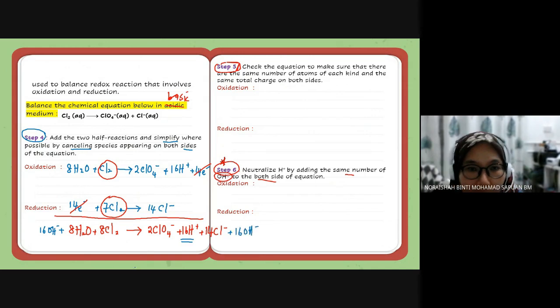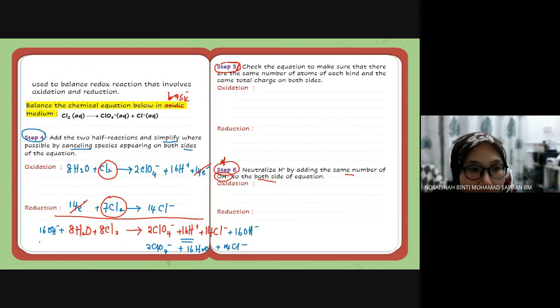Okay. So dekat sini bila you dapat macam ni, as you know, H plus plus OH minus will form water. Okay. Dia akan form water. H plus tambah dengan OH minus, dia akan form water. So kat sini you akan form 2ClO4 minus tambah dengan 16 air, form 14Cl minus.